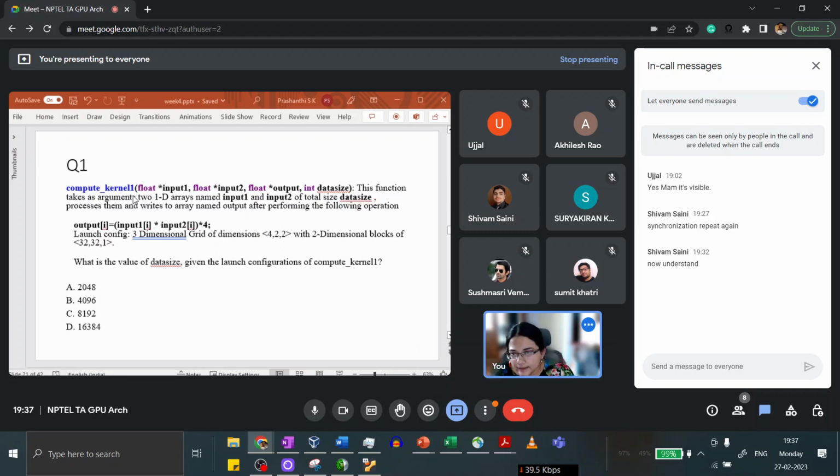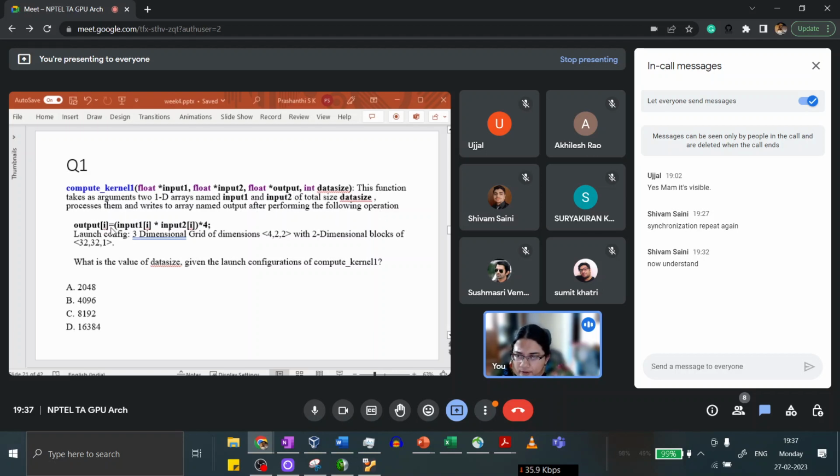So, compute kernel 1, this is the sample function that's given to you. Only the inputs and outputs are specified. This takes two 1D arrays named input 1 and input 2 of total size data size, processes them and writes to an array named output after performing the following operation.